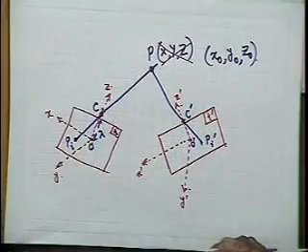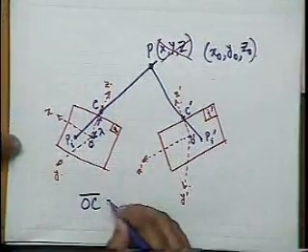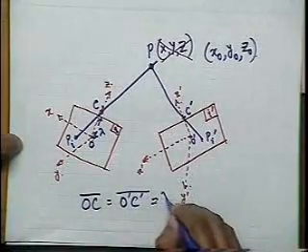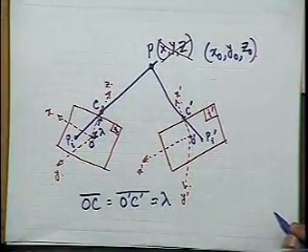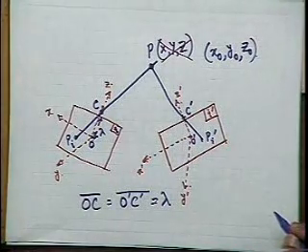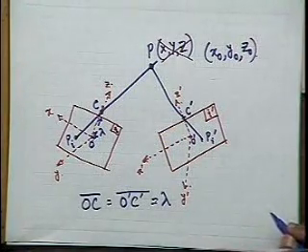And I am making an assumption, and that assumption is that both the cameras, that is to say camera number 1 and camera number 2, have exactly identical focal length. So I am assuming that the distance OC is equal to the distance O prime C prime, and that is equal to the focal length lambda. So mind you, my basic assumption is that both the cameras have exactly identical focal length.